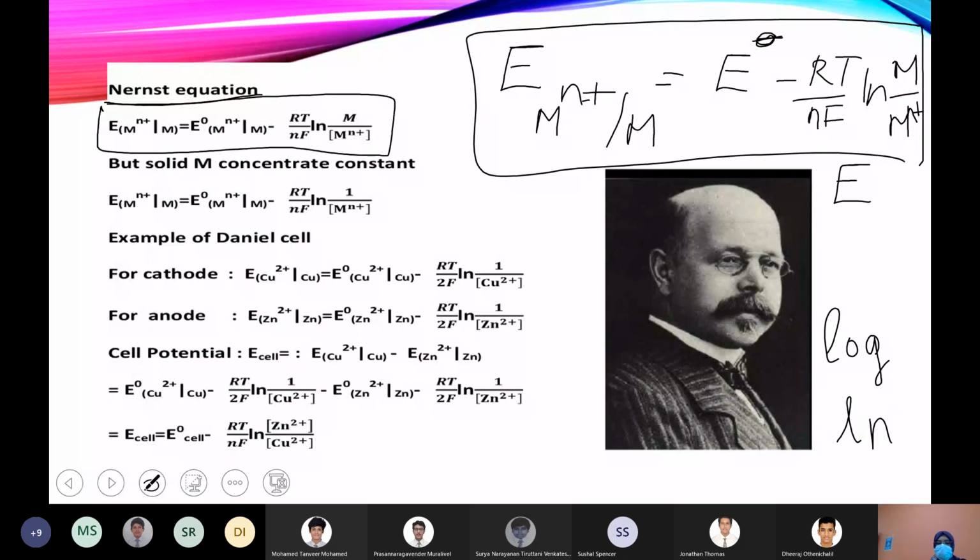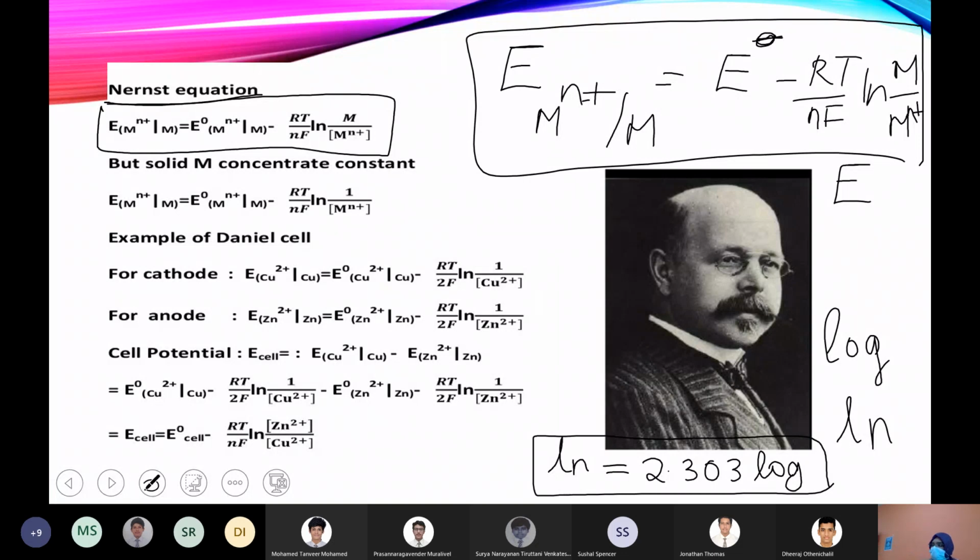And you know that Ln can be connected with log with 2.303. Log is logarithm to the base 10 and Ln is logarithm to the base e. That is the difference. Log is what you will use in the logarithmic table because Ln calculation is difficult.